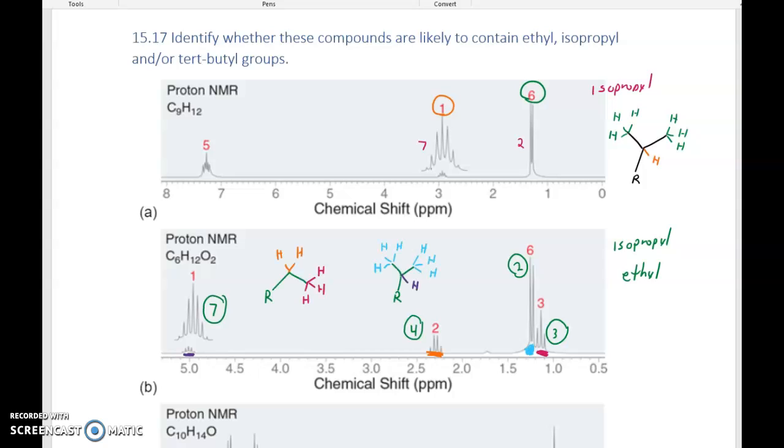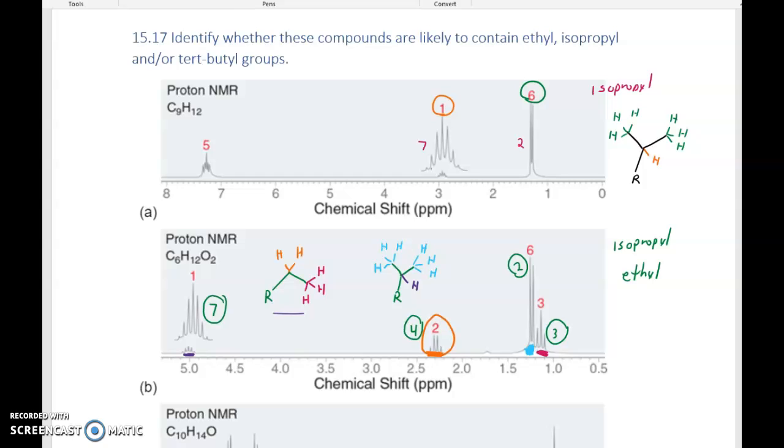So here I've drawn the 2 structures, and I've tried to color code which peaks are coming from which protons. The ethyl group is this orange and pink molecule right over here. The 2 orange protons are being split into 4 peaks, and we end up with orange right here.